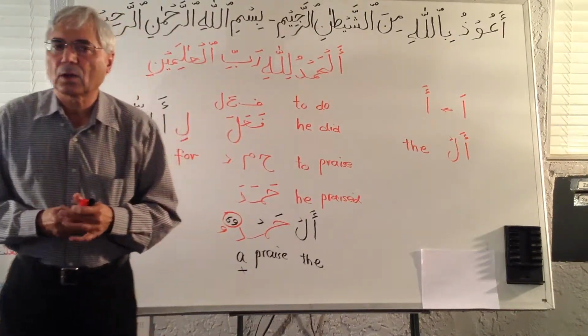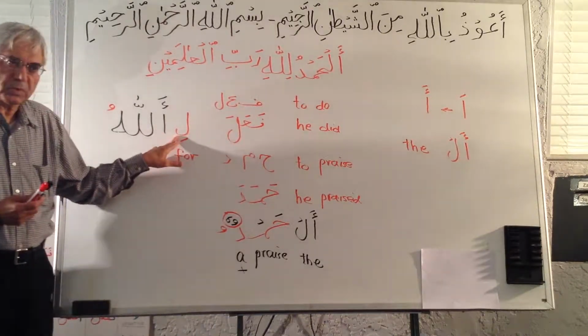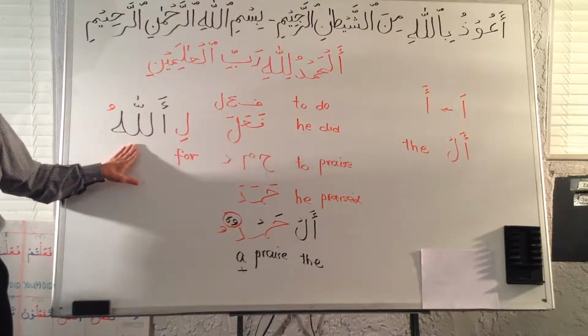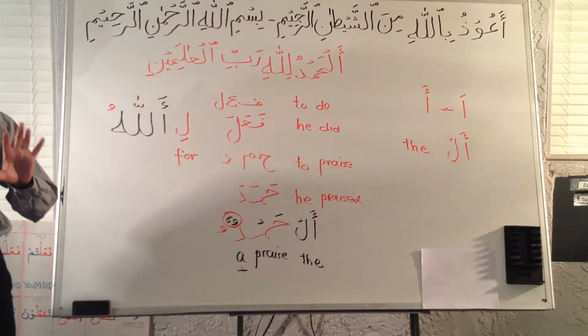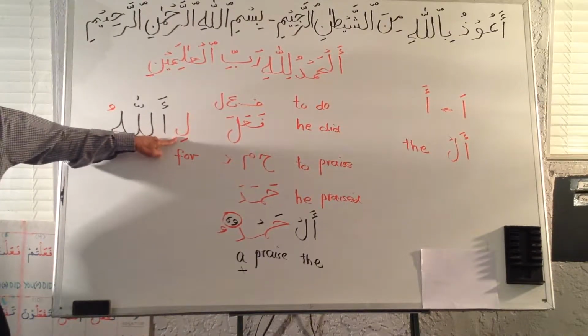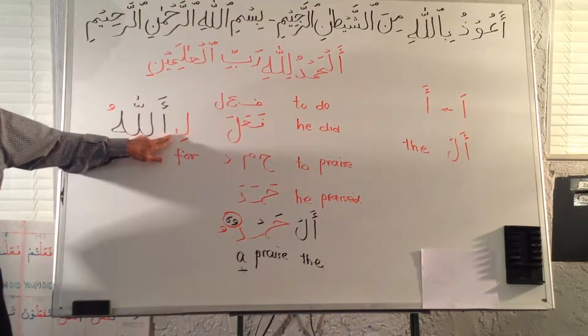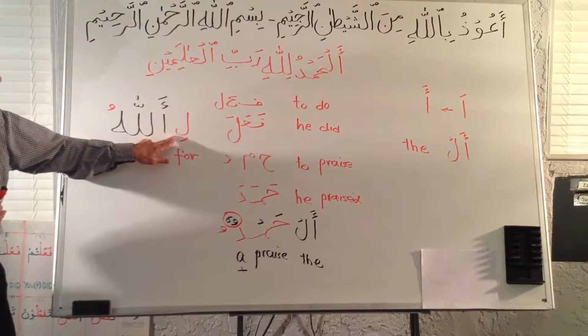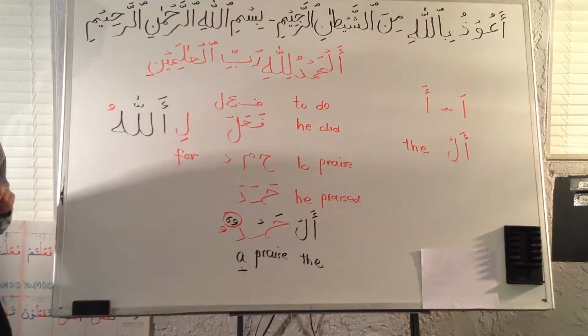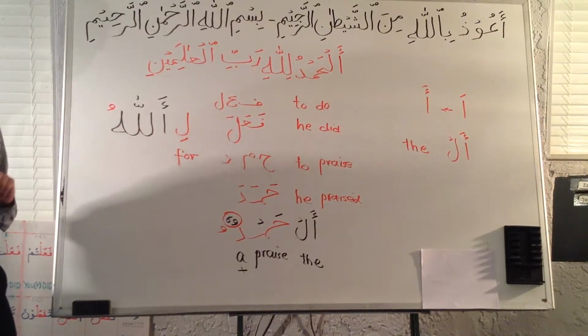In Arabic they are called harf-e-jar. So whenever a harf-e-jar comes before a noun, Allahu is a noun, is an ism, is a word, whenever this letter comes, and we will see more of this, then we read these together. So two things happen when we combine these two together.